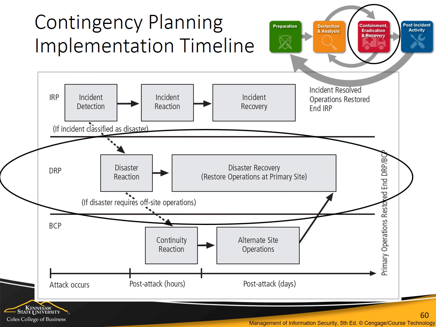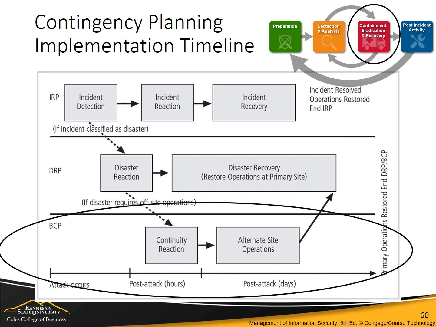If the incident is, however, labeled as a disaster, then the disaster recovery plan kicks in, and the disaster recovery team works to restore operations at the primary site. If the disaster requires off-site operations, then the business continuity team reacts and an alternate site is used for critical operations, as previously discussed.